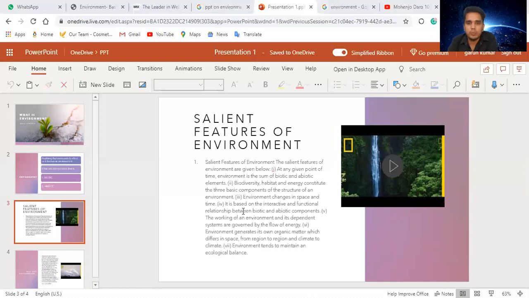Okay, between relationship between biotic and abiotic components, the working of an environment and its dependent systems are governed by flow of energy. So there is flow of energy from one form to another, because as we all know, whenever the paper burns, one form changes into carbon particles, one form changes into vapors, and one form changes into ashes.